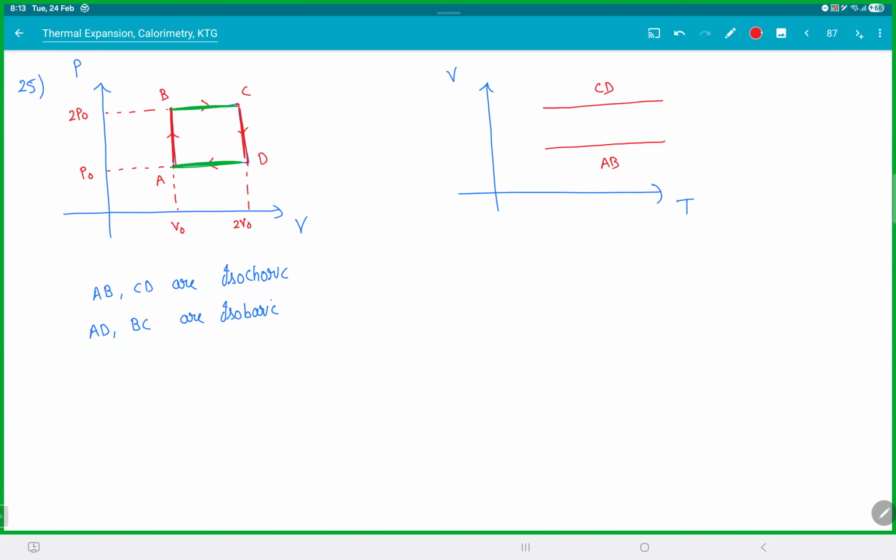So this is the isochoric process, and then we have BC and AD. The one with the higher pressure will have lesser slope, so this guy is BC and this guy is AD. Now, the only thing you have to be careful about is that it looks the same, but if you observe, the direction has reversed. So in the exam there will be two options. The graph will look the same, but ABCD will be clockwise or anti-clockwise. Here it is going anti-clockwise.